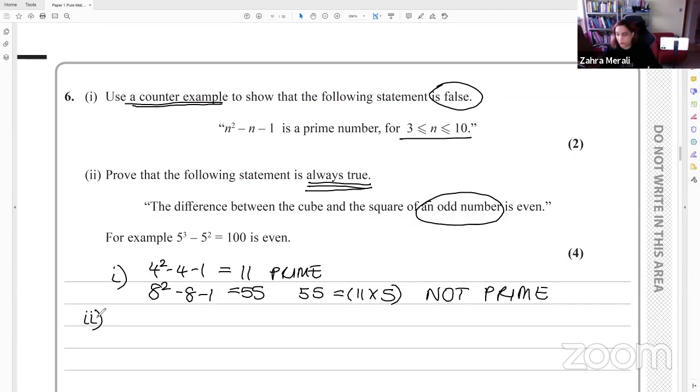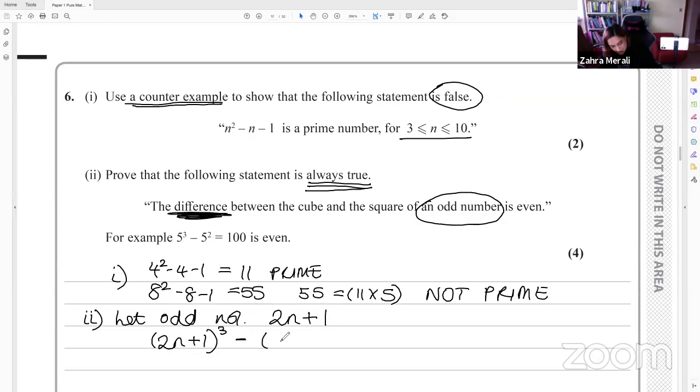So how do we represent an odd number? So we're going to let the odd number be 2n plus 1. And we're trying to find the difference between a cube, so (2n plus 1) cubed. So difference tells us to take away, minus (2n plus 1) squared.